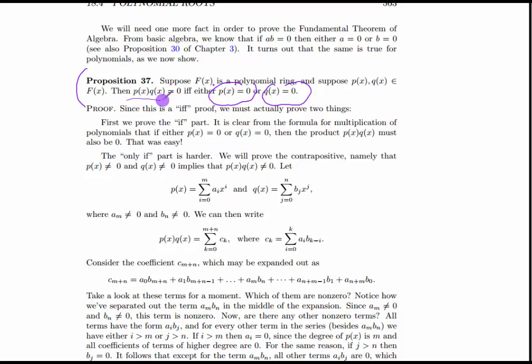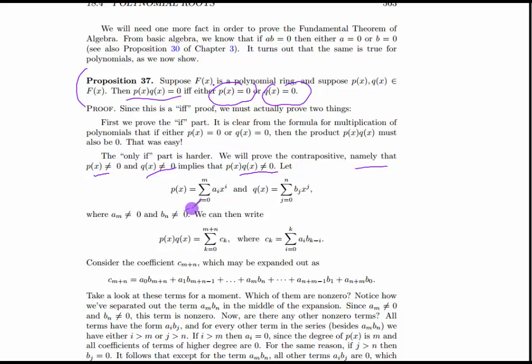We have to prove that if the product is 0, then one of the two polynomials must be 0. That's the harder part. So we'll prove the contrapositive, namely that if two polynomials are both non-zero, then the product is non-zero. That's the contrapositive of asserting that if the product is 0, then either one or the other is 0.